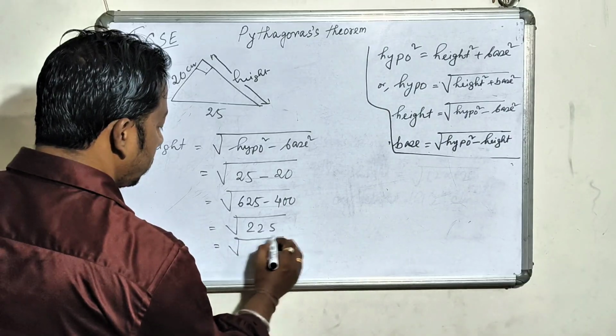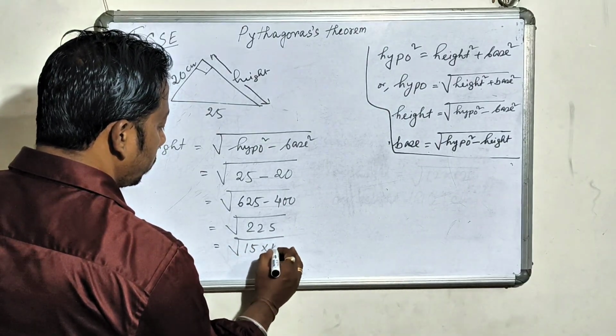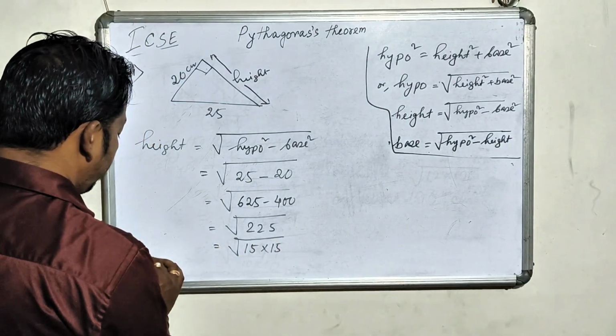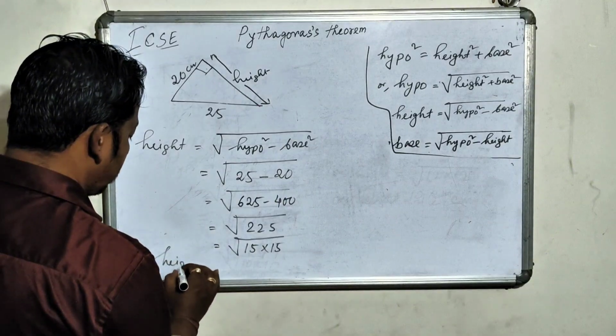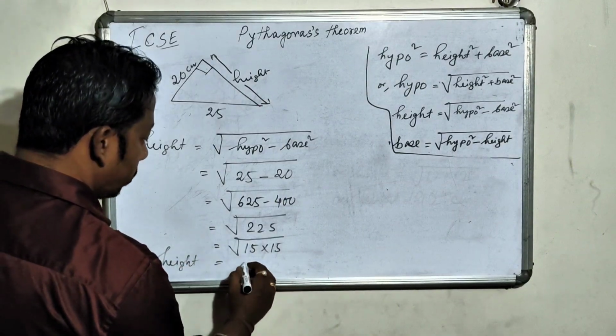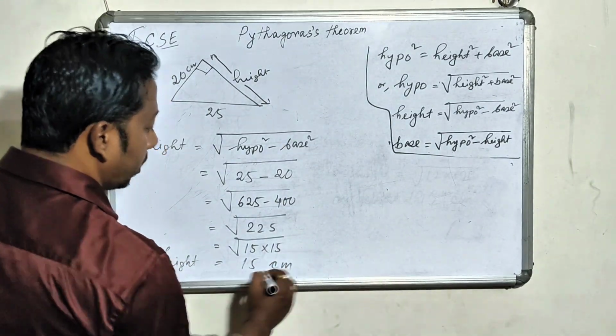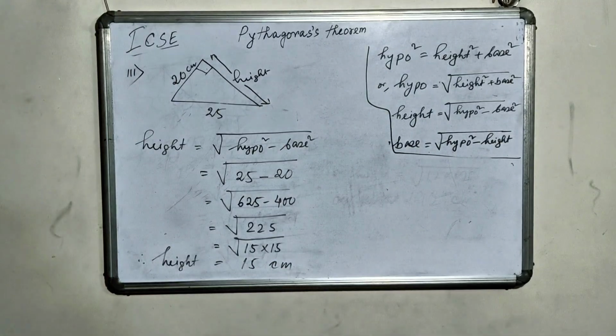That is 15 into 15. Therefore, height equals 15 centimeter. Clear? Same rules. We have finished it.